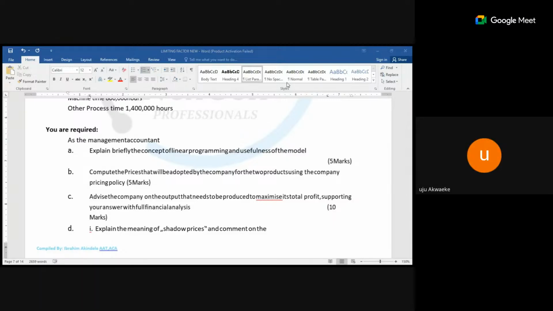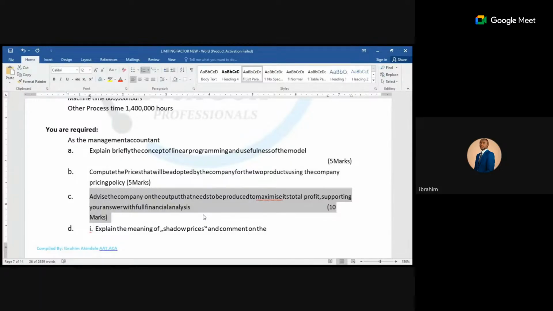C. Advise the company on the output that needs to be produced to maximize its total profit, supporting your answer with full financial analysis. The output, you can see on the outputs. Don't forget, it may be optimal production mix, output.